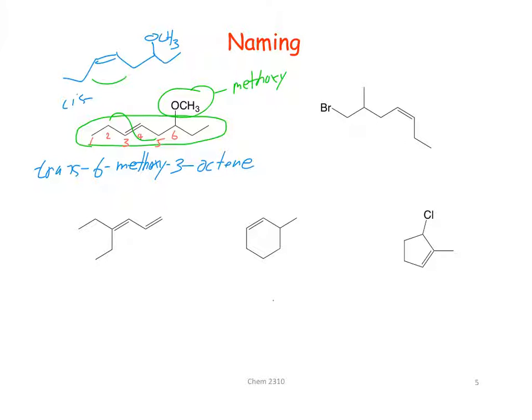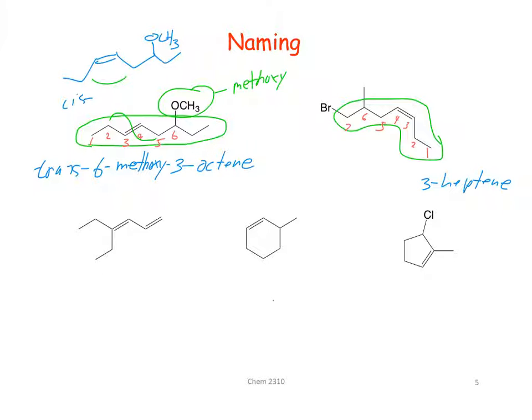Alright, so this one, the longest chain, is like this. Number to give the alkene the lowest number: 1, 2, 3, 4, 5, 6, 7. Alright, so this is a heptene, a 3-heptene. Alright, we've got two substituents, a bromo and a methyl.